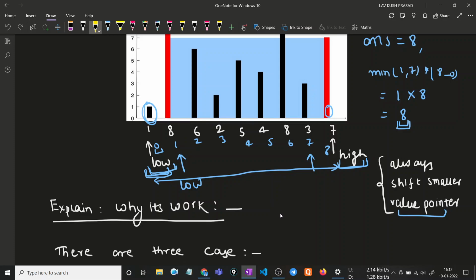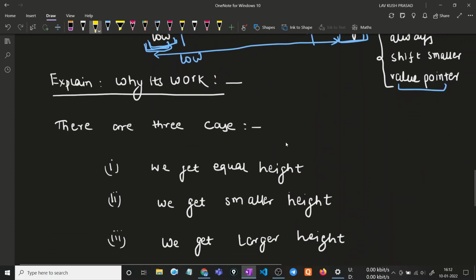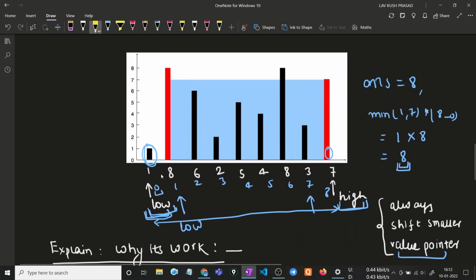So there are three cases. Suppose the current height is 1, and we can get a height which is equal to 1. If we consider this height 1 and reduce the pointer, at a certain case we get the same height 1, but the length between the two verticals will be reduced, and the minimum is also 1.